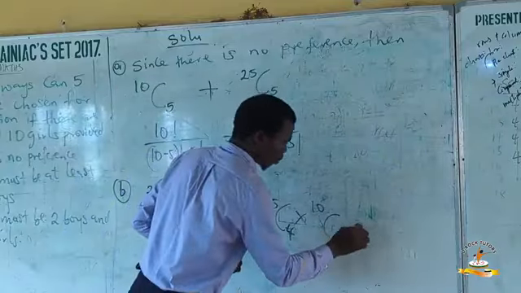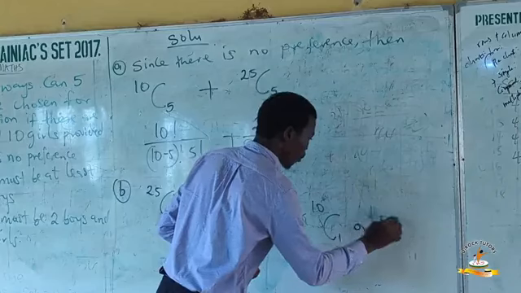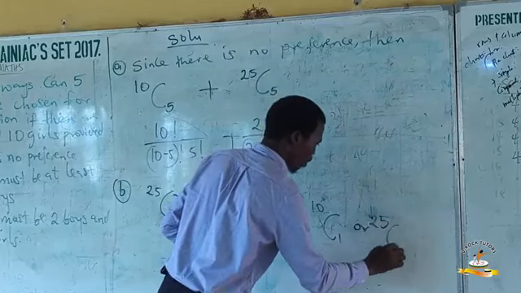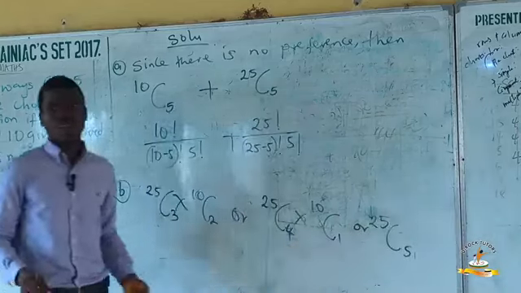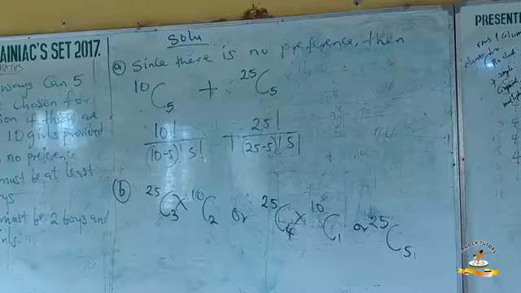Or only 5 boys, 25 combination 5. Who does not understand this? No girl again, so I leave the girls.